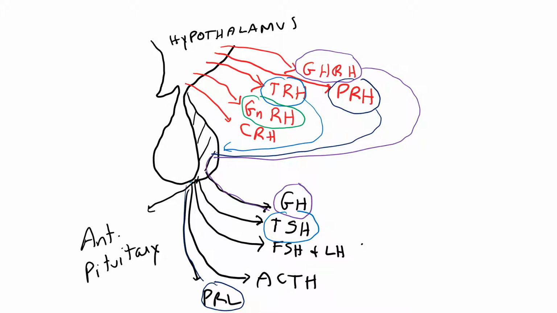GnRH, gonadotropin releasing hormone, will act on the anterior pituitary and cause the release of FSH and LH, the two gonadotropic hormones. CRH, corticotropin releasing hormone, acts on the anterior pituitary and causes the release of ACTH, adrenocorticotropic hormone.